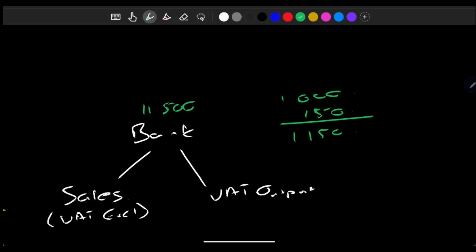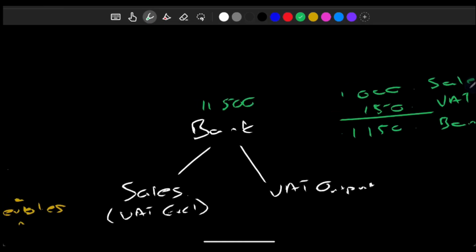What we want to do is say that this 1,150 is the bank. The sales is the 1,000 Rand. And the VAT output is the 150. Right? Now, look at the previous video whereby I showed you how to calculate this and do it properly. But here I'm just going to skim through it real quick.